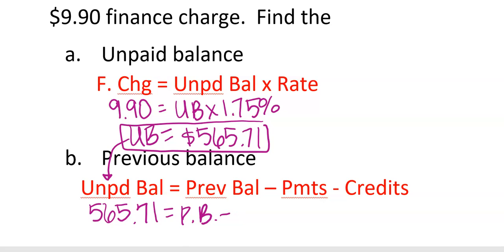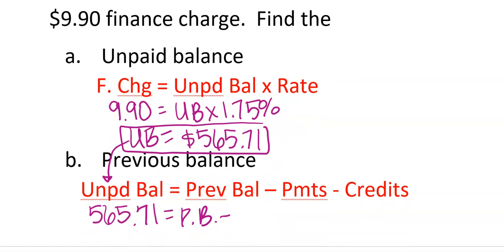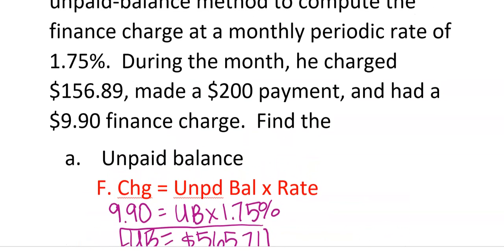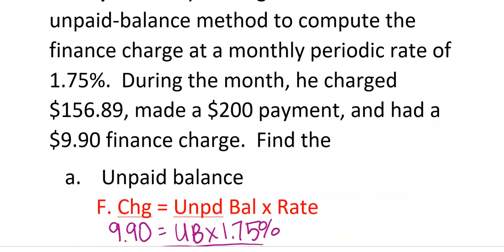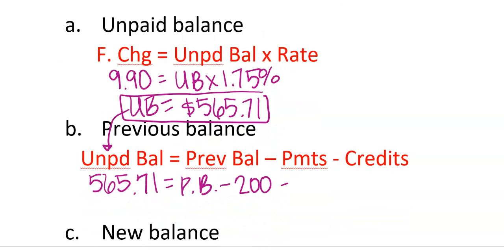I'm going to subtract out the payment, 200. And I'm going to subtract out any credits that they had, which there weren't any. So I'm just going to erase that part. So what we're going to do is add 200 to that. So 765.71.